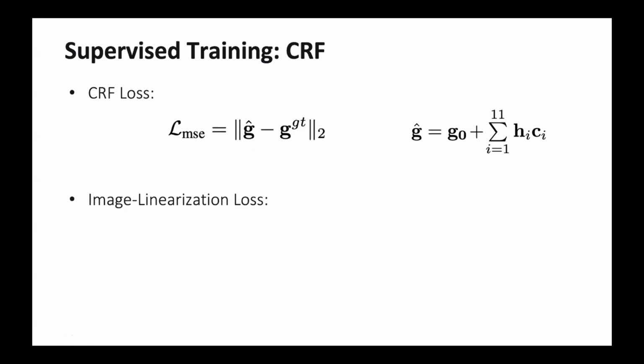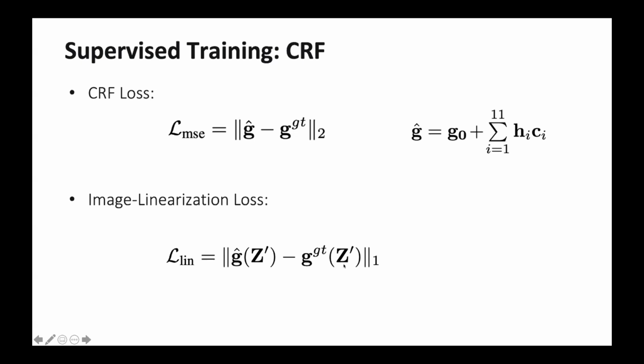The second loss function that we have is the linearization loss. This is the image linearization loss, where Z prime is actually the input image, right? If we apply the inverse of the gamma function, it becomes linearized.